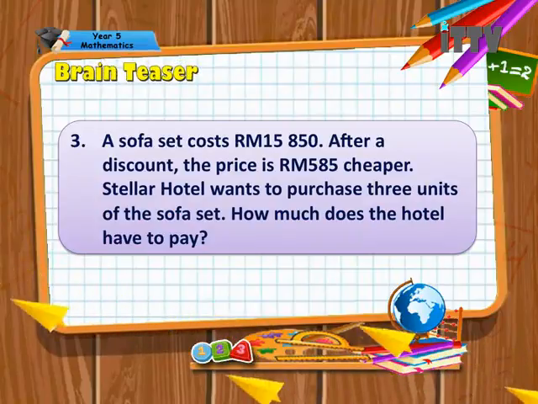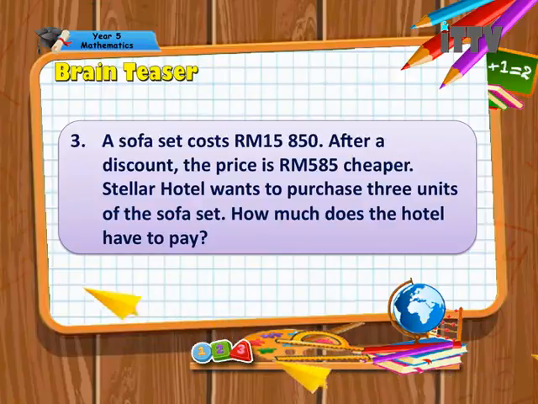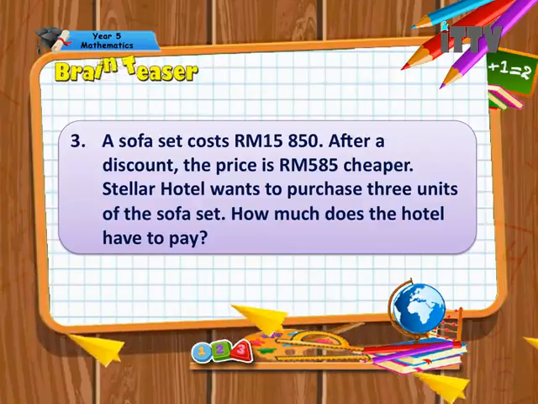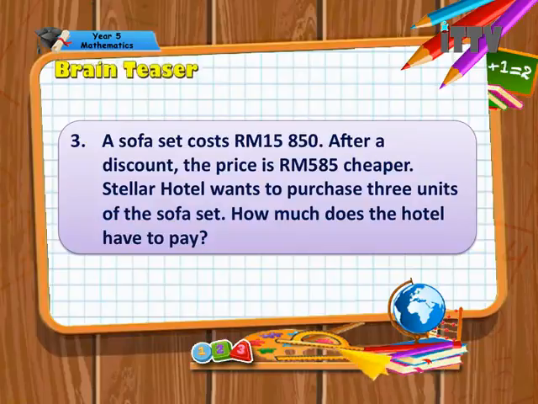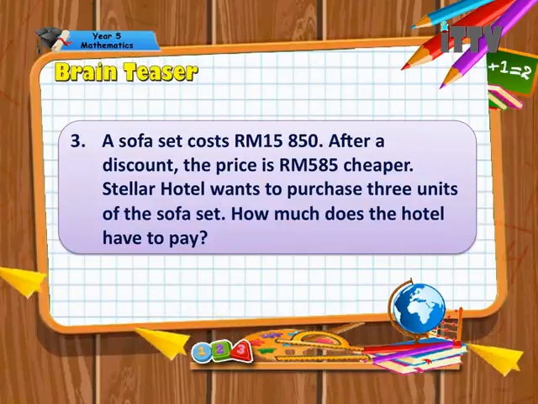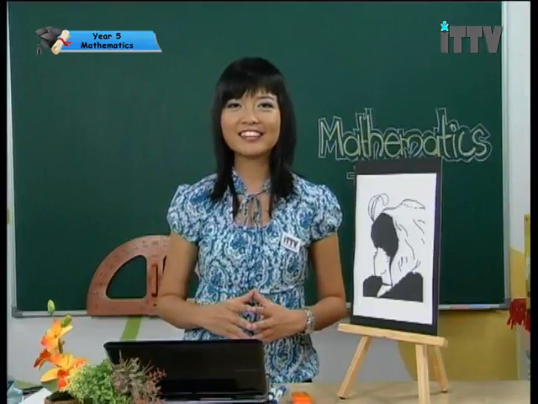A sofa set costs 15,850 ringgit. After a discount, the price is 585 ringgit cheaper. Stella Hotel wants to purchase 3 units of the sofa set. How much does the hotel have to pay? Okay, have you gotten down the questions?